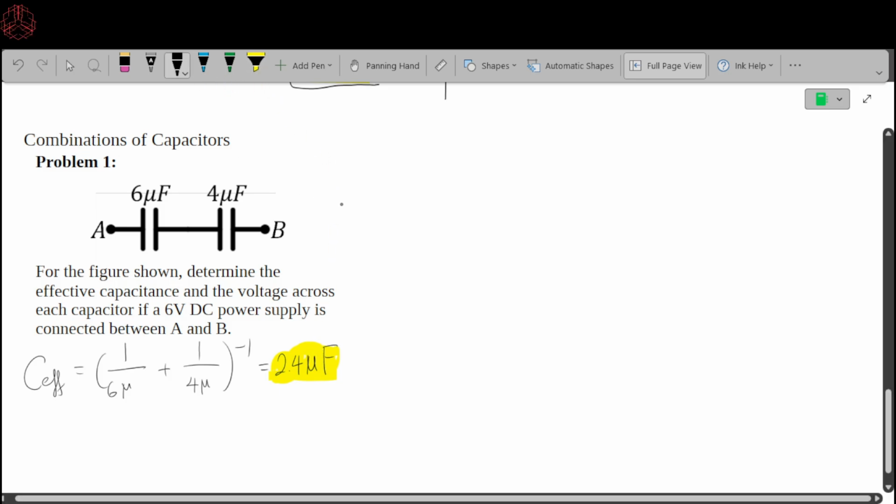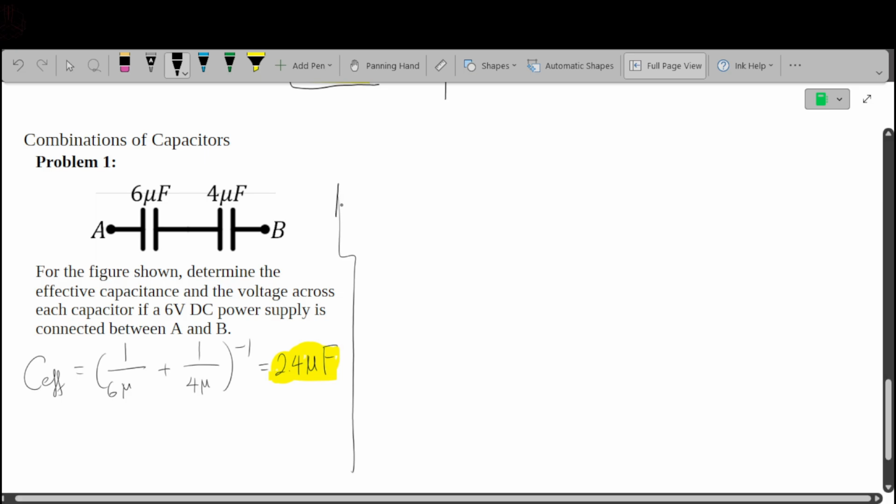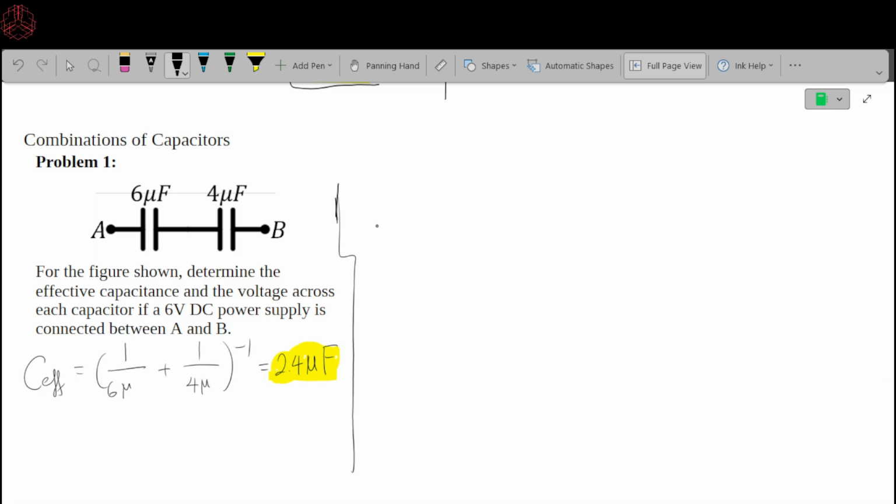Now we want to move on to the second part, which is the voltage across each capacitor. The voltage for the 6 mu farad is going to be different from the voltage across the 4 mu farad, but their charges are going to be the same. So I want to look for the total charge first.